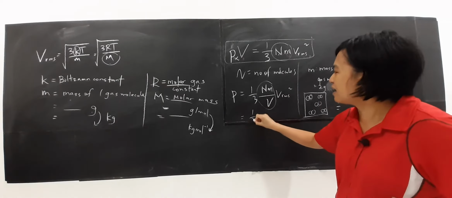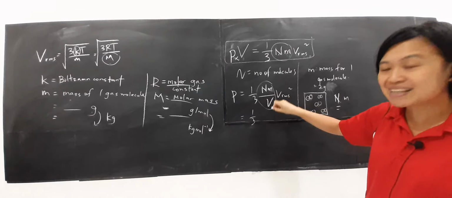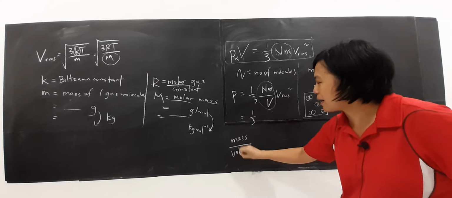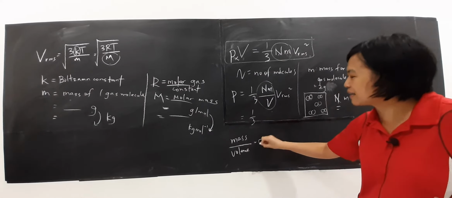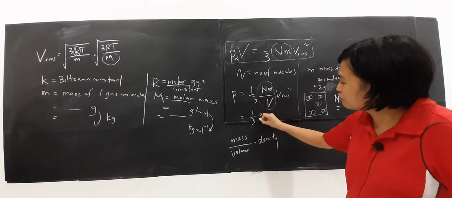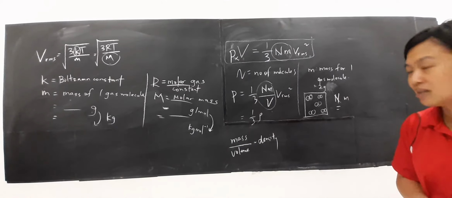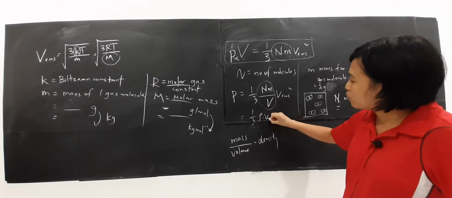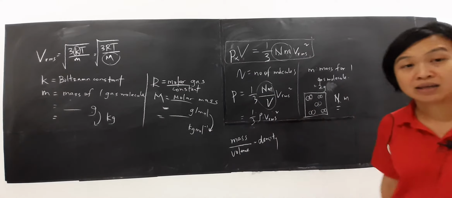Ini sebenarnya adalah mass bahagi volume. Okay, remember mass bahagi volume adalah apa? Adalah density kan. Adalah density. Means here, symbol for the density, something like this. Okay, so I have 1/3 times with density and VRMS square.